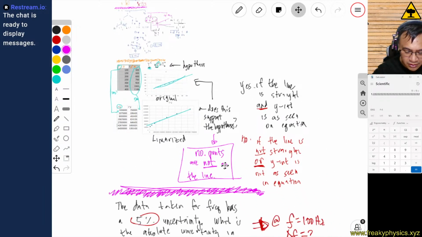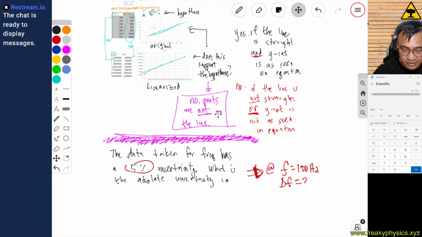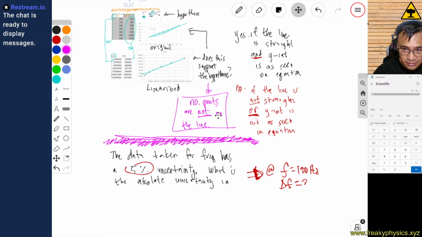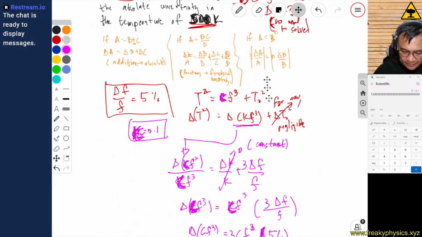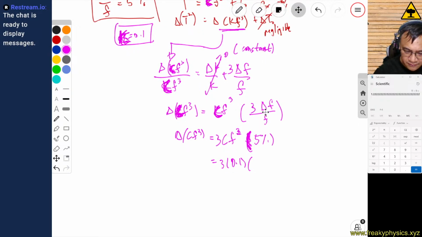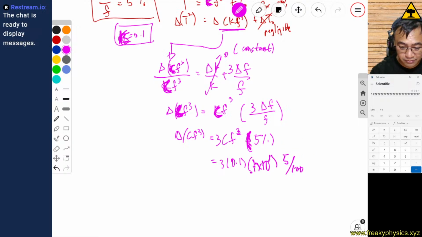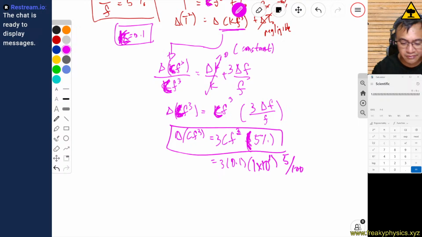So 100 times 100 times 100 is a million. So going back here, that's going to be 1 million, or 1 times 10 to the 6, times 5 over 100. Okay. So that's one way to do it, but I'm not going to finish it. In fact, I'm just going to keep that right there.